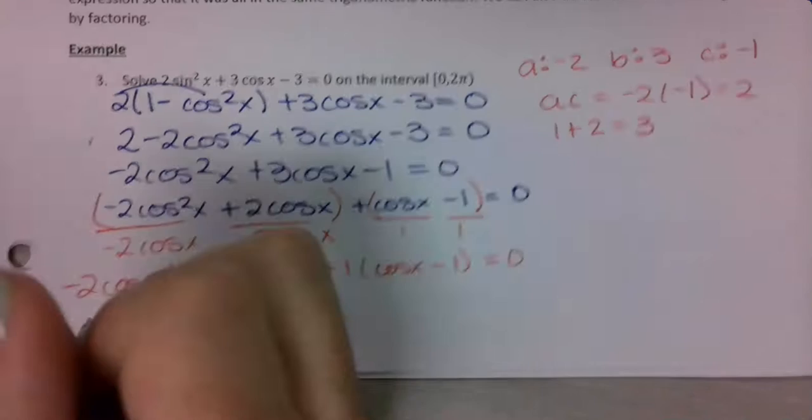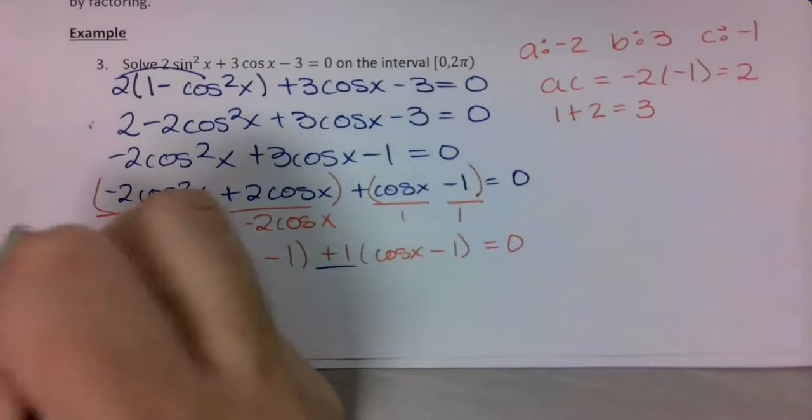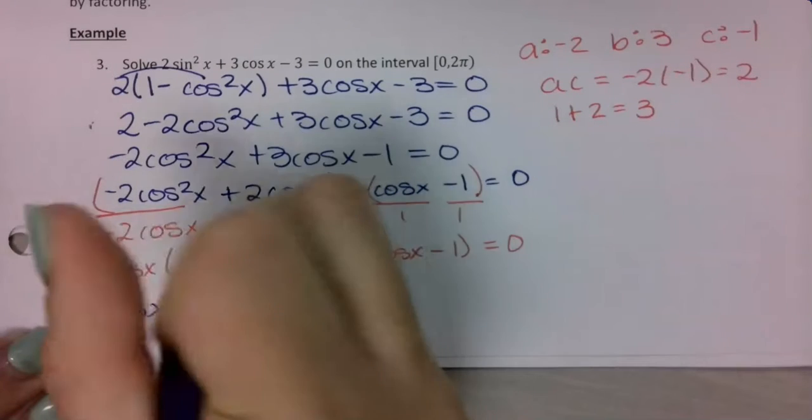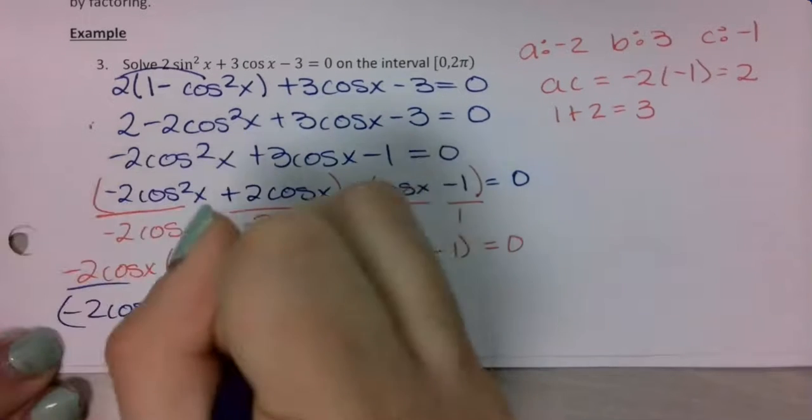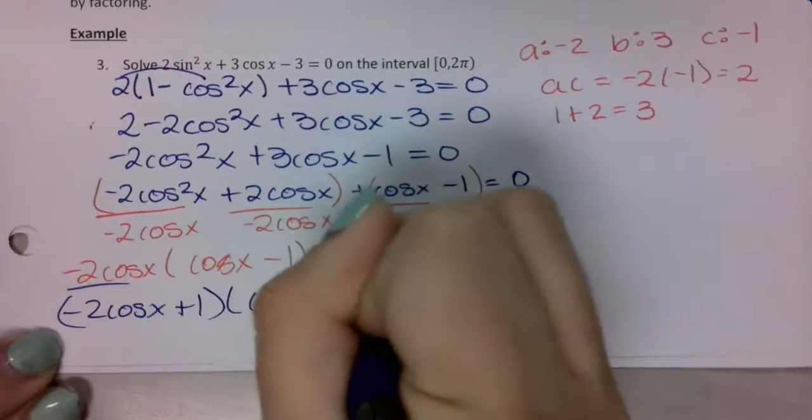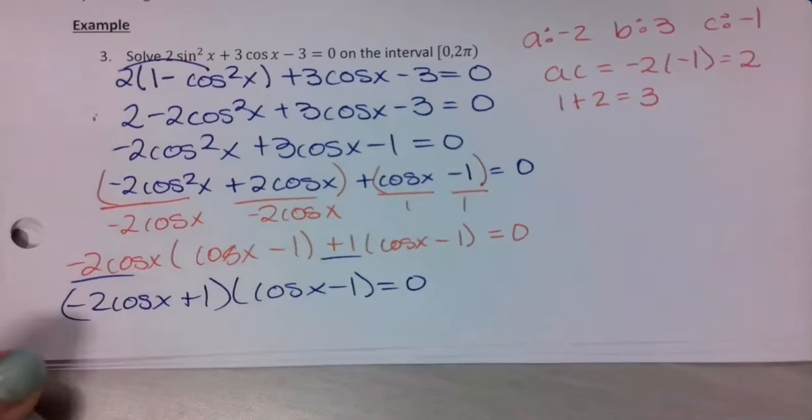Then I'm going to put my two outside pieces together. So I'm going to have negative 2 cosine x plus 1, and then cosine x minus 1 equals 0.